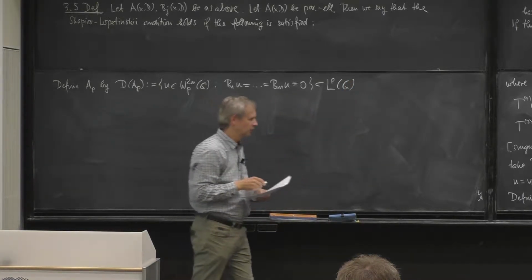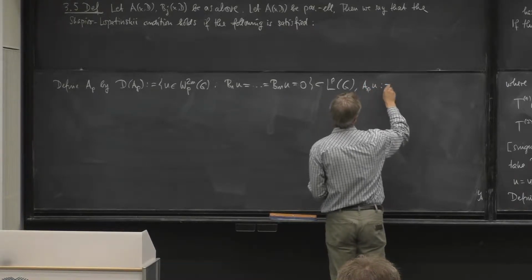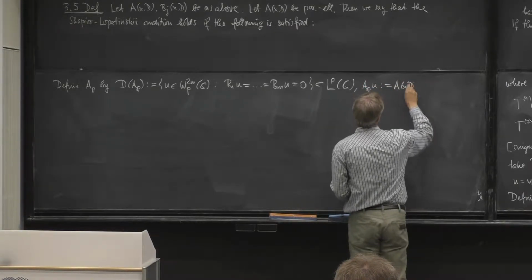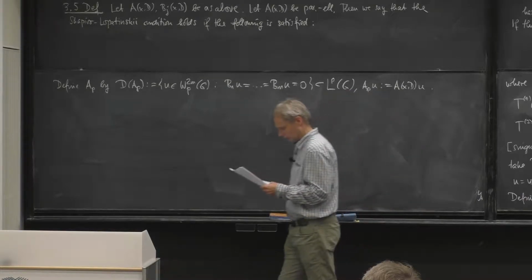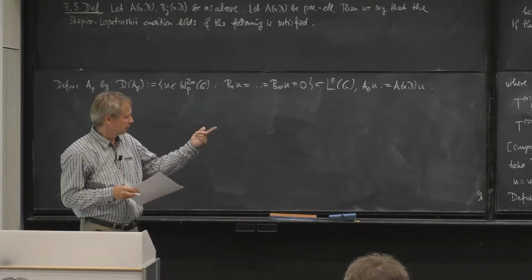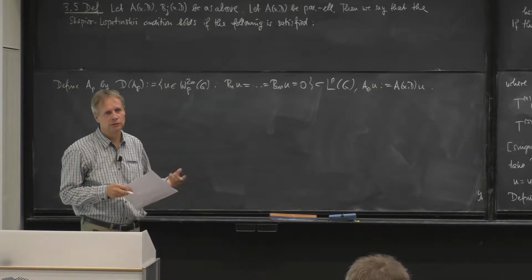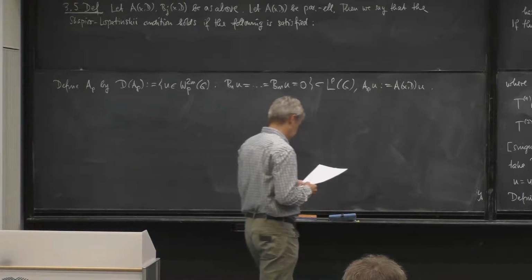And the operator acts as A, of course. And then we can make essentially the same as before. So first of all, we can write down the solution operators. Yeah? And this is what I want to write down here.